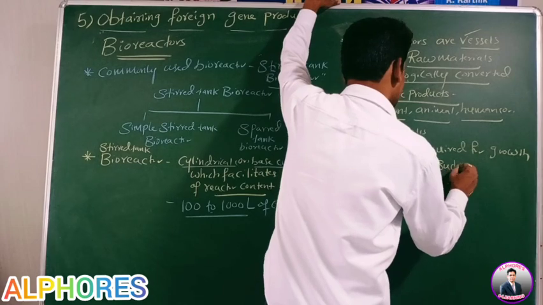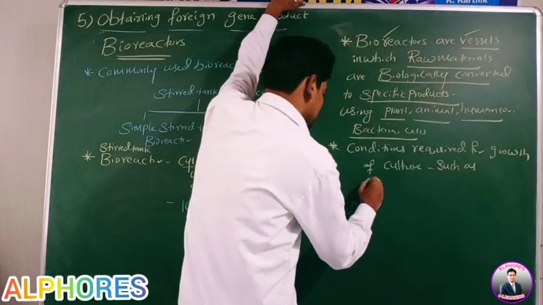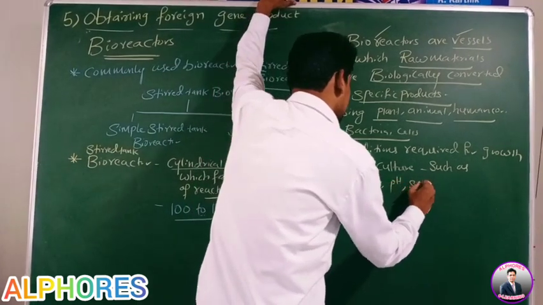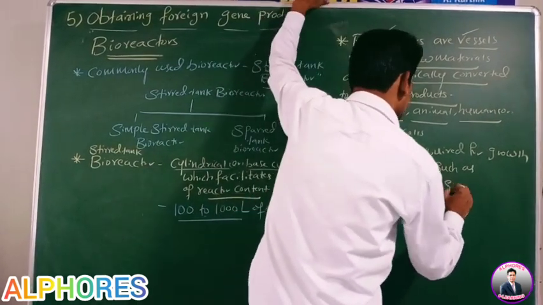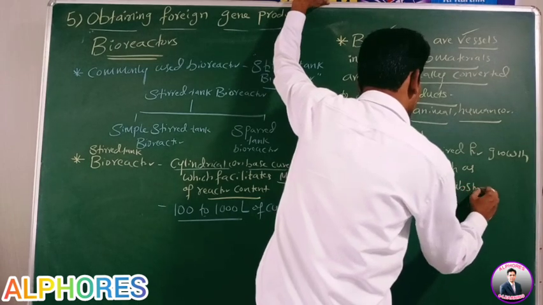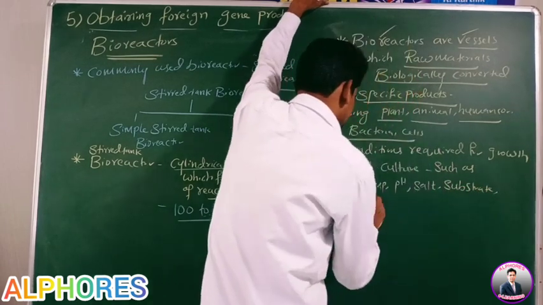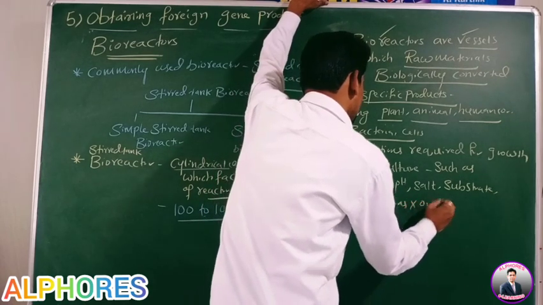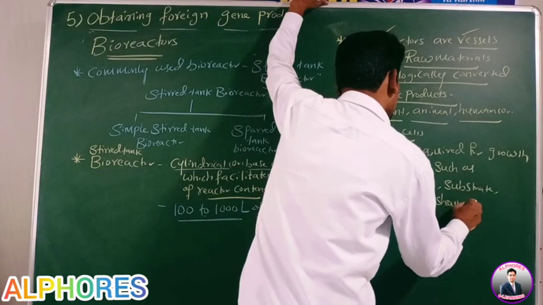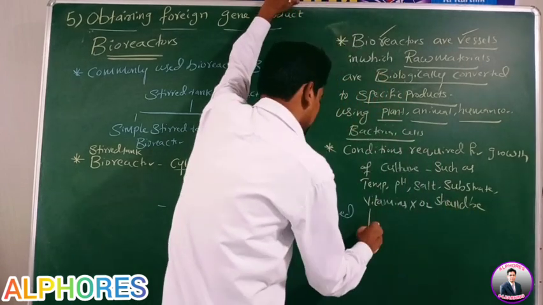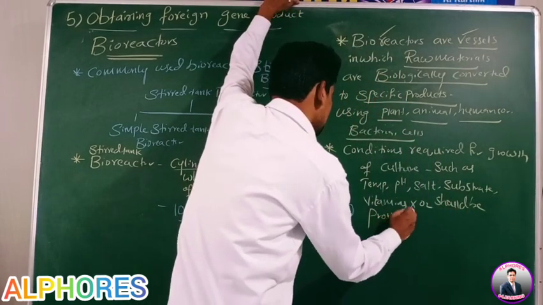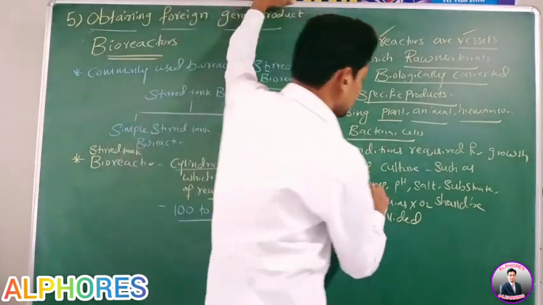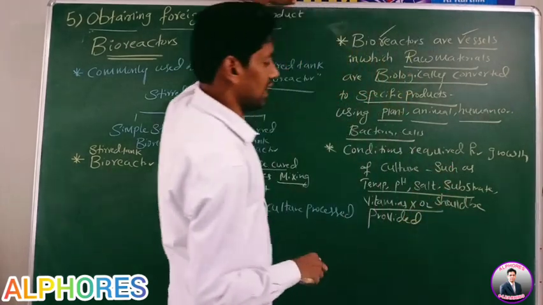Such as temperature, pH, salt, substrate, vitamins and oxygen should be provided. All these conditions required for growth of the culture should be provided by the bioreactor.